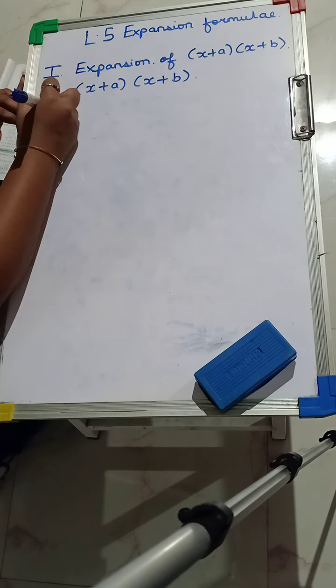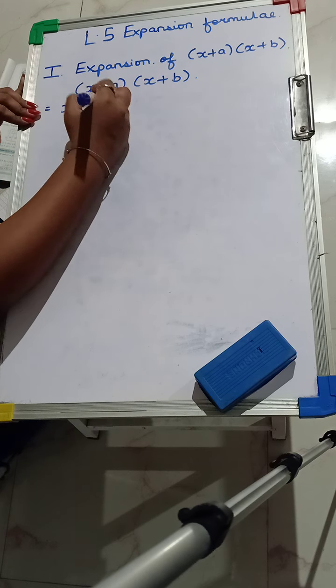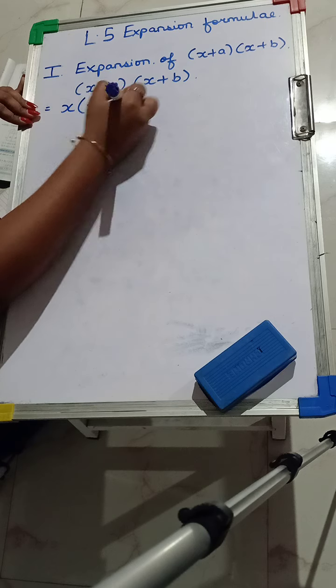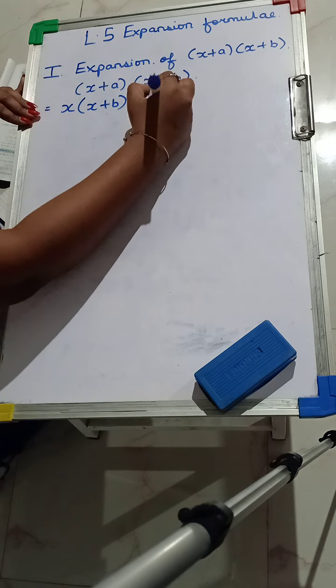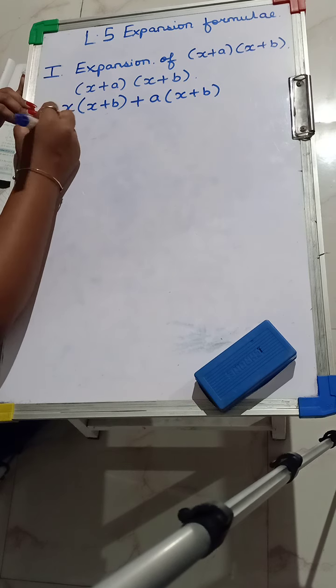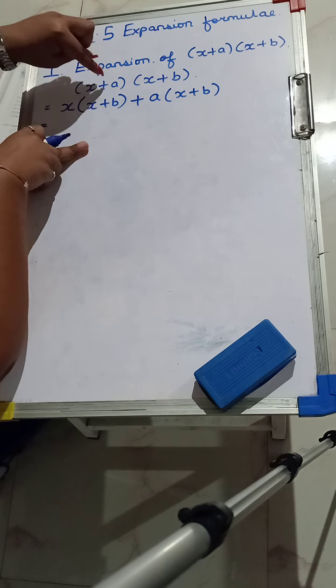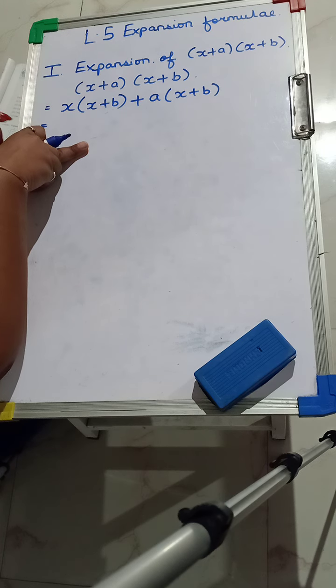So we are just going to write that. That is, we take x common for x plus b, plus a common for x plus b. Again I repeat, x common for x plus b, plus a common for x plus b.